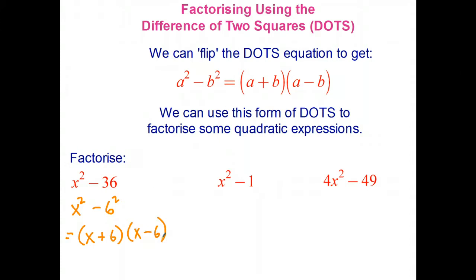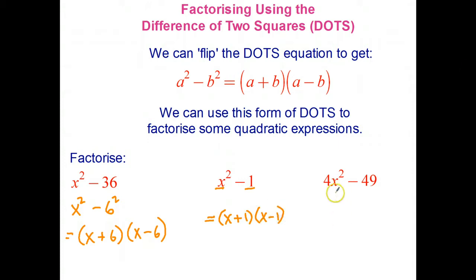So there's the factorized form for x squared take 36. For this one, let's just do this in our heads. We can say a is equal to x, b is equal to 1. So therefore, in factorized form, that's just going to be a plus b times a take b.